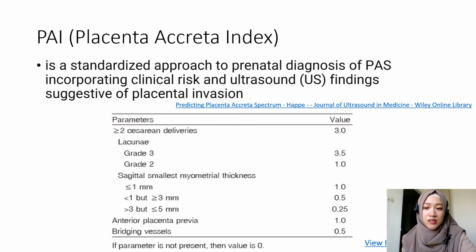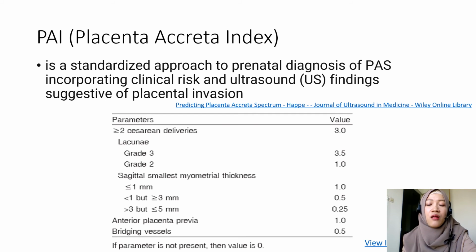So now it is about the PAI, or Placenta Accreta Index. Placenta Accreta Index is a standardized approach to prenatal diagnosis of PAS, incorporating clinical risk and ultrasound or US findings suggestive of placenta invasion. There are so many parameters that we use in the PAI.